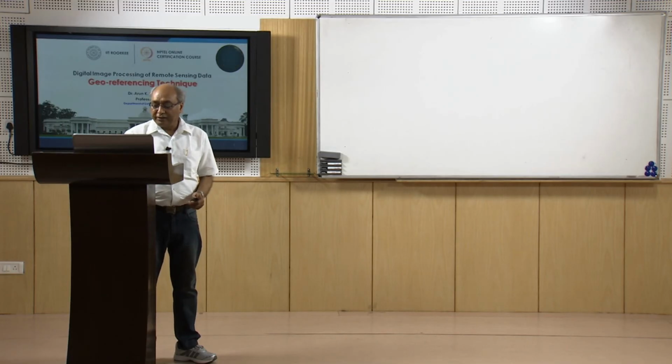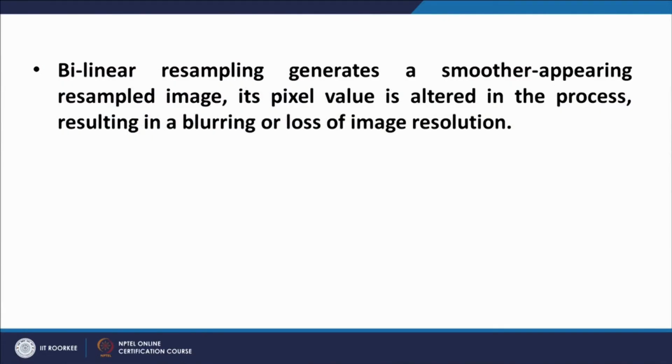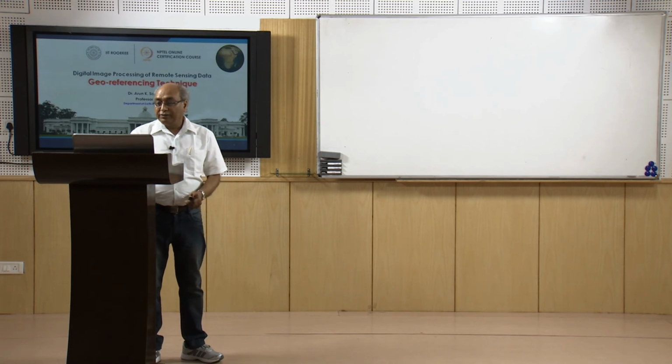So as I mentioned earlier, the pixel of the raw image which is overlapping the maximum will carry the maximum weightage while deciding the pixel value for the target pixel. Now bilinear resampling generates a smooth appearing resample, because here pixel values are being altered. The pixel values are altered in this process, resulting in a blurring or loss of image resolution.